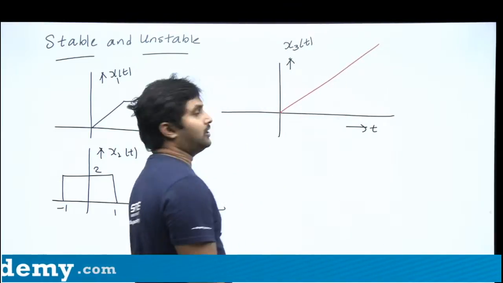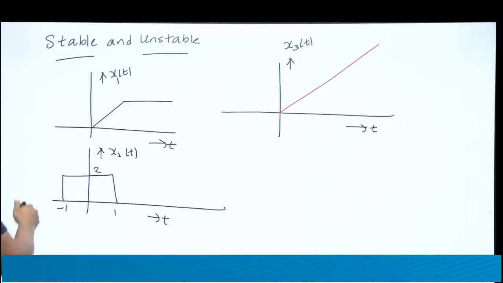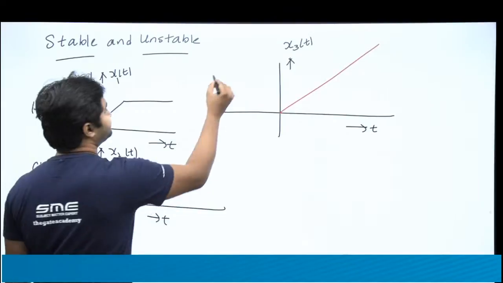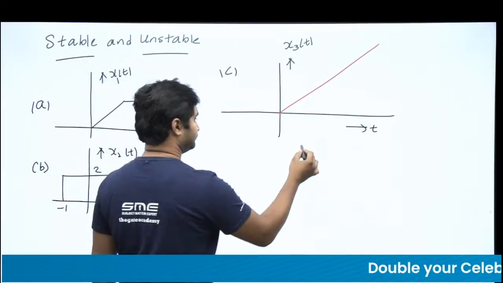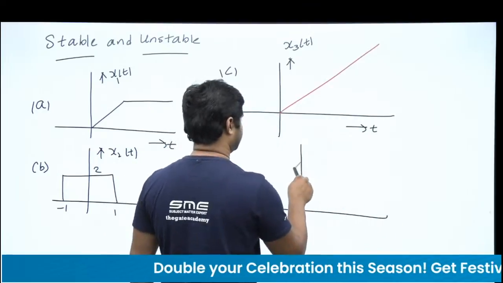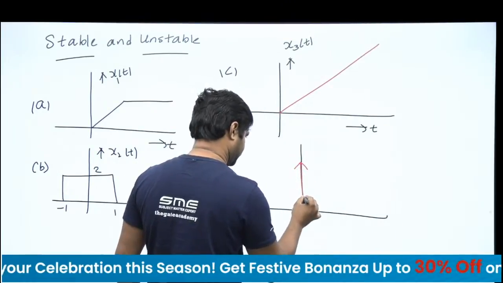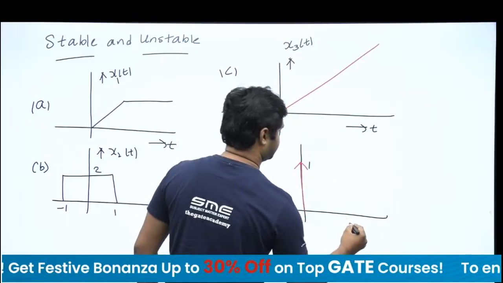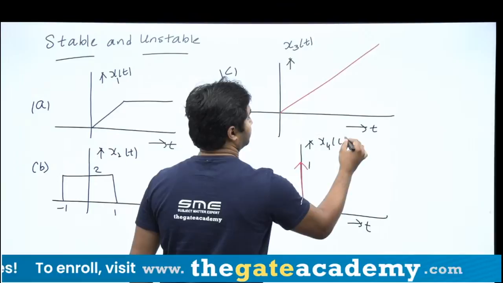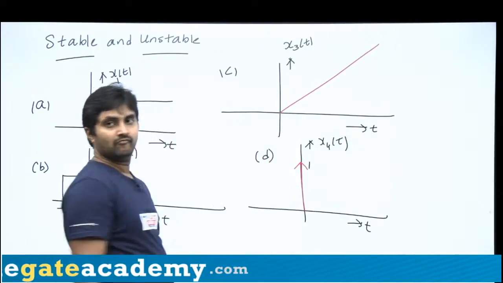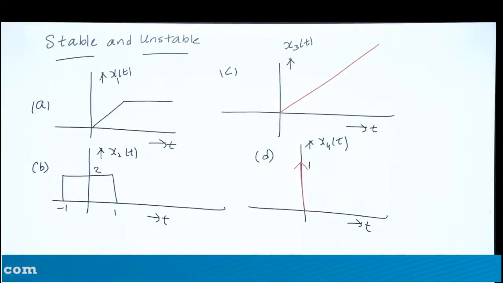A, B, C, D for you. Can you please tell me which of them is bounded, which is not?